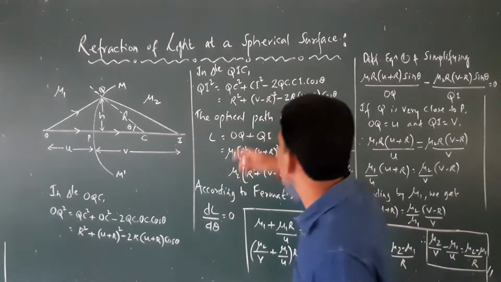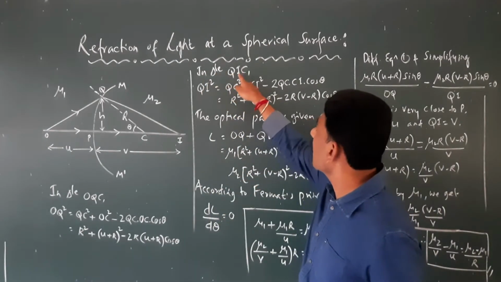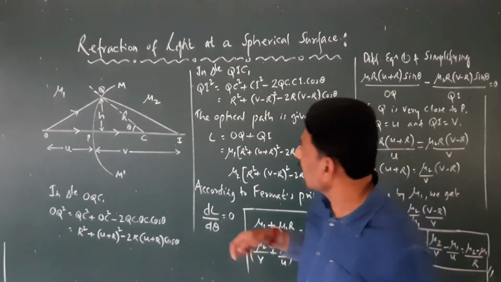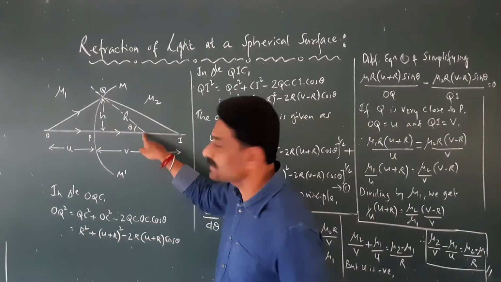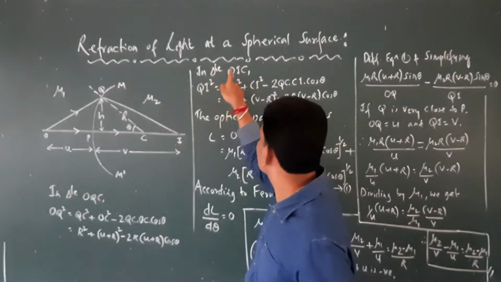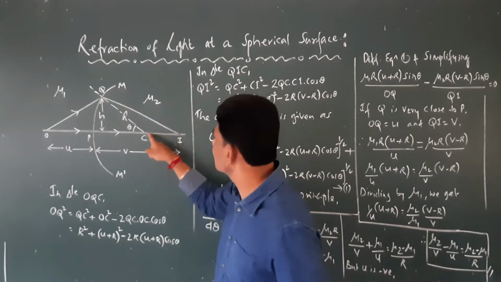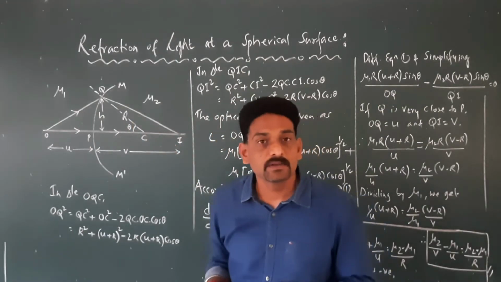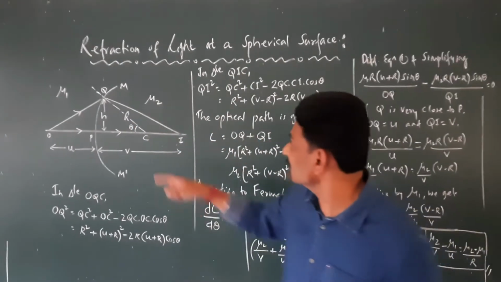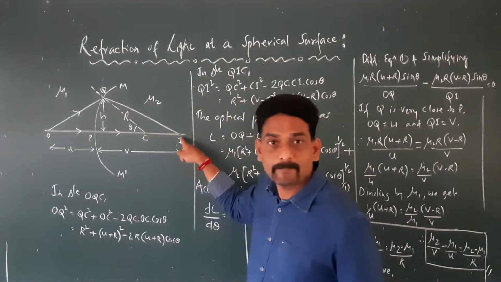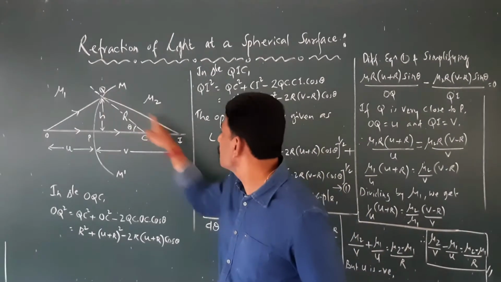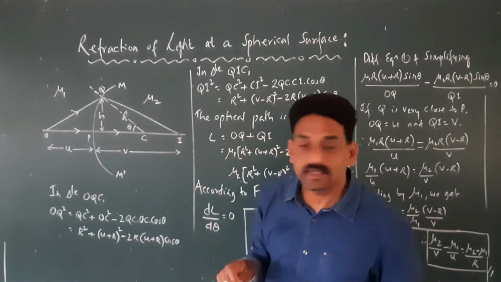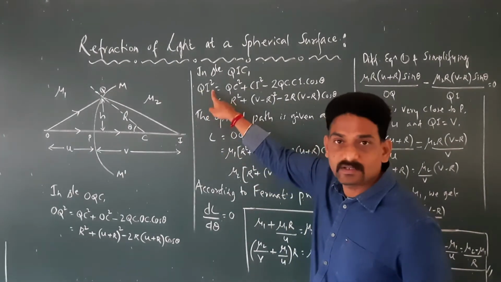Similarly, we take the triangle QIC. In this triangle, we want to calculate the distance QI. We want to know the value of QI, so we say QI square.